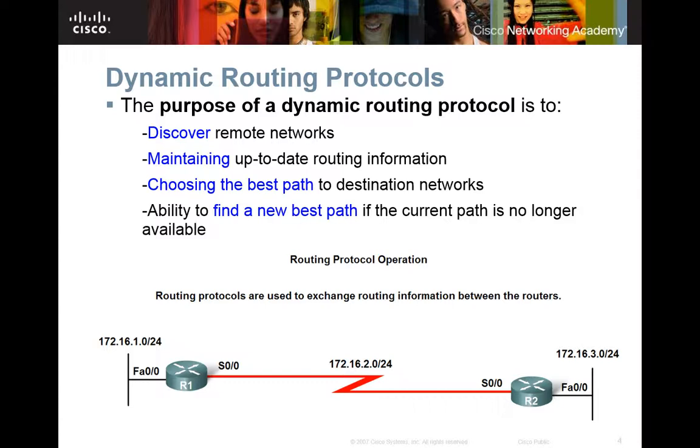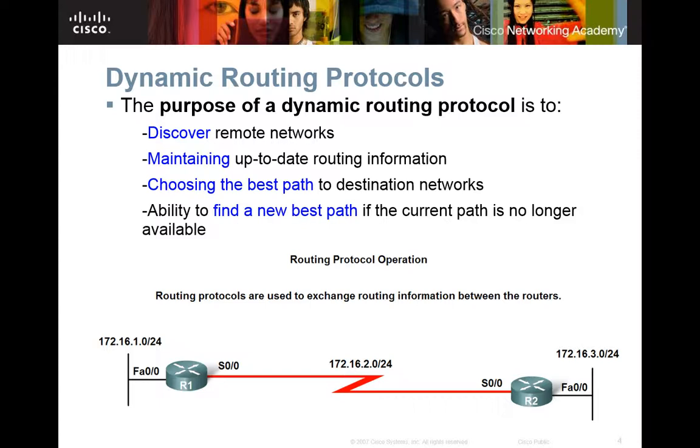The purpose of a dynamic routing protocol is to discover your network, maintain the updated information, choose the best path in which to send the information, and find a best path if that current path is no longer available.